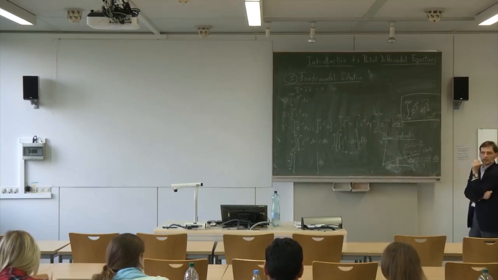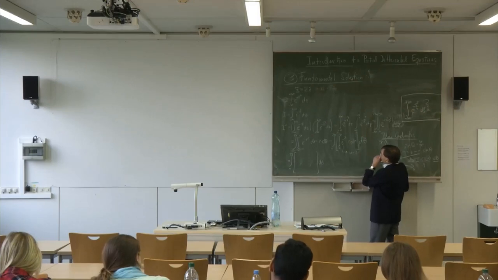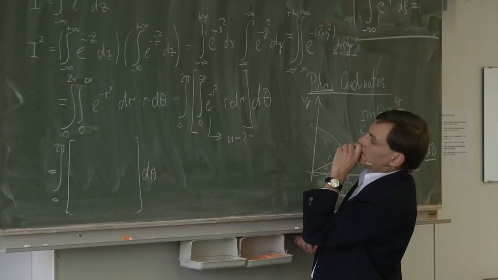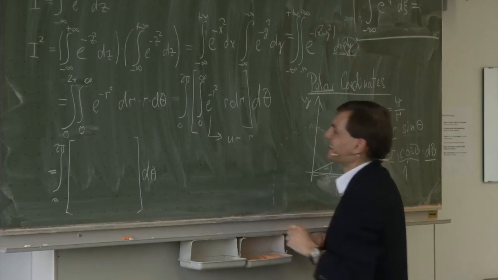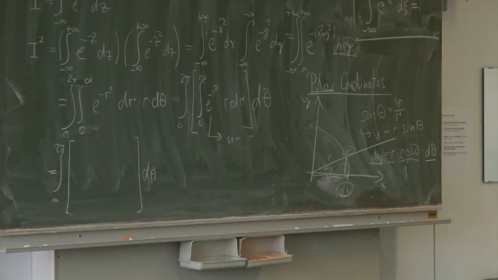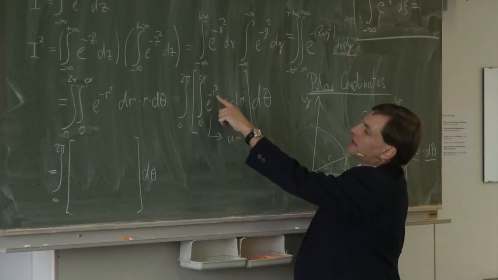Well, I have to think about it. No, that's not a good guess. u is equal to r. I think that's a good guess. Let's see about this. What do we have then here?